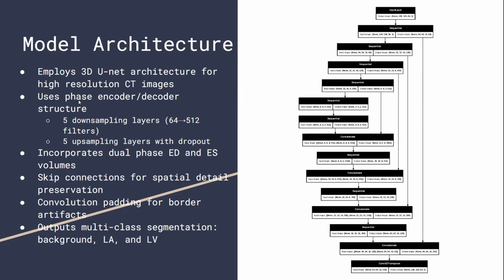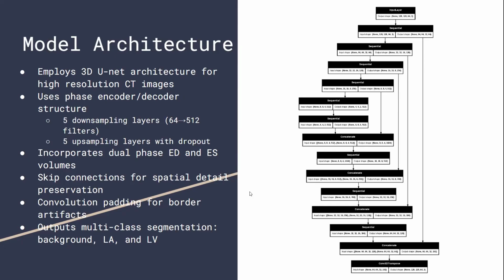So I'll talk about the model architecture. This is the UNet that we're using. It's pretty lightweight. I think Jason talked about it a little. We employed a 3D UNet, whereas I think he's using the 2D one. To change it to 3D, we just make the functions inside the 2D UNet 3D, and that way we preserve the through-plane anatomical continuity.